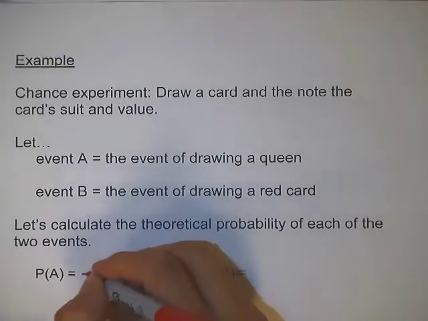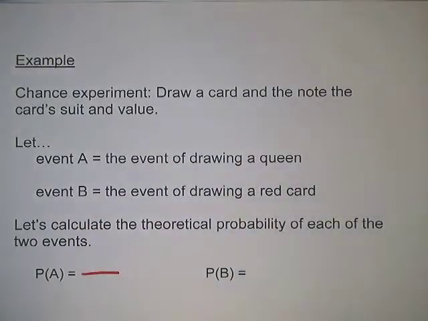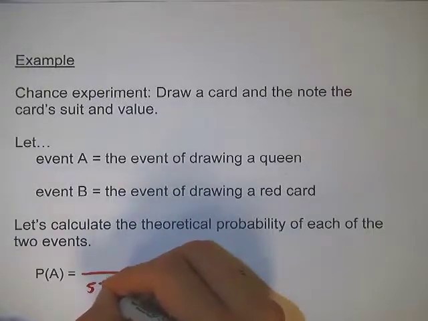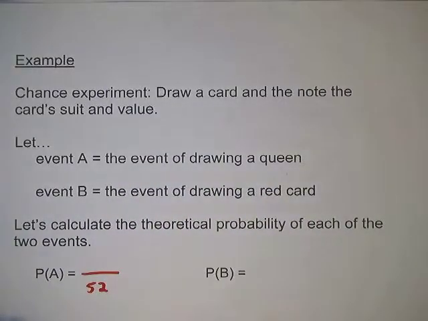We need to calculate a ratio: the number of outcomes favorable to the event divided by the number of outcomes in the sample space. Since the likelihood of drawing each and every card is the same, and there are 52 cards, we're going to put 52 on the bottom of that fraction because that's all of the cards in the sample space.